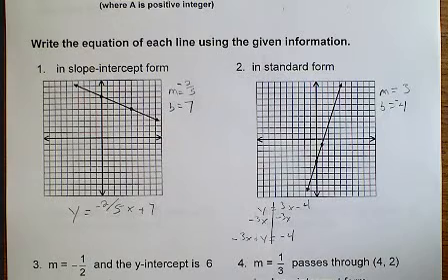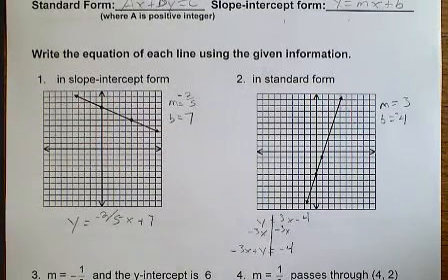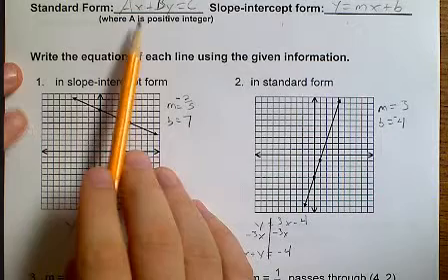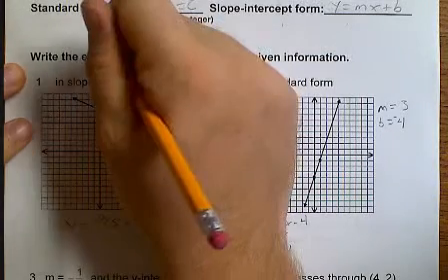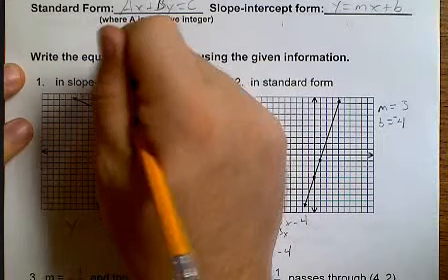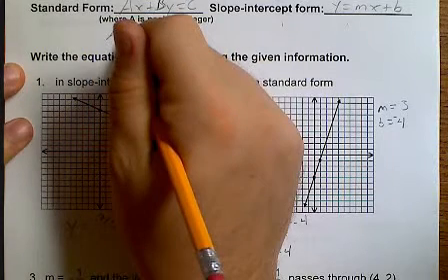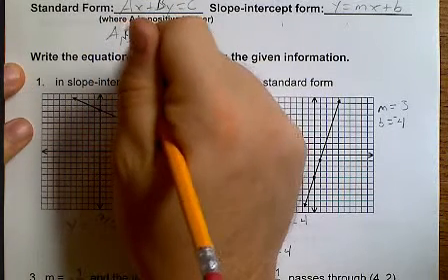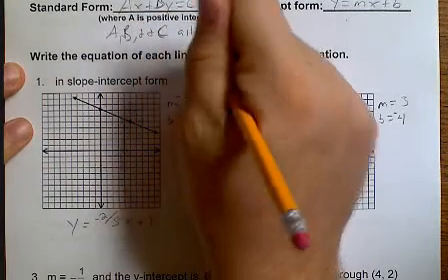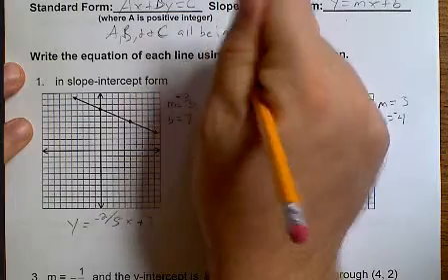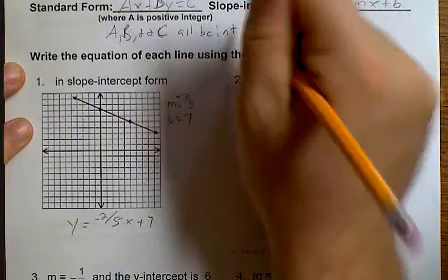Because if we look at the small type for standard form, it says that a has to be a positive integer, and also a, b, and c must all be integers.